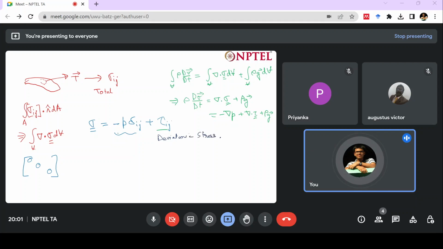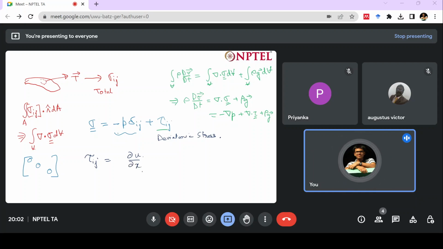And all my viscous stresses, Newtonian, non-Newtonian fluids, every such discussion comes under this deviatory stress tensor. Where this Newtonian, non-Newtonian classification of fluids comes into the picture is how this deviatory stress tensor is related to my velocity gradient, del u del x.